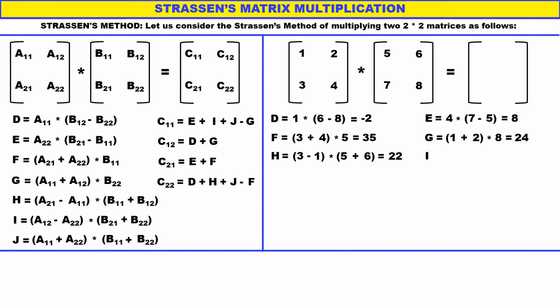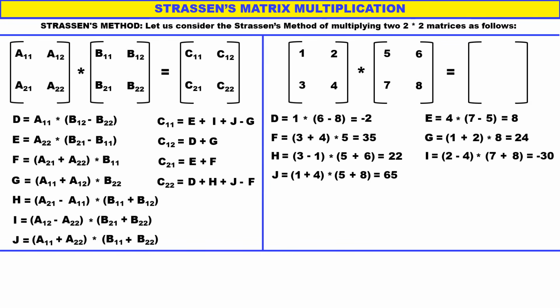So we got 22. I is A12 minus A22 into B21 plus B22. So this is minus 30. And the last one, J, A11 plus A22 into B11 plus B22. So we got 65.